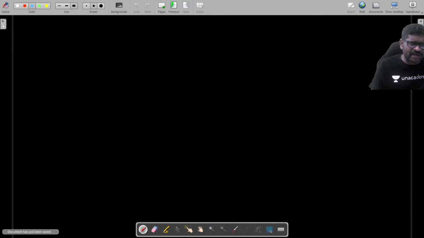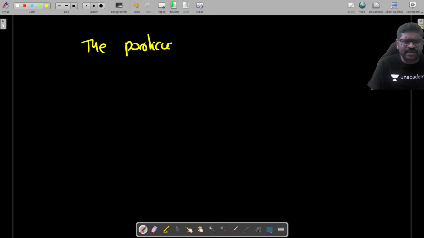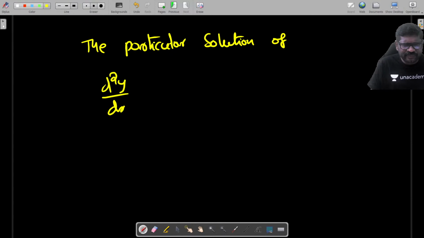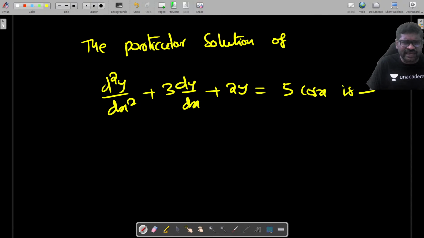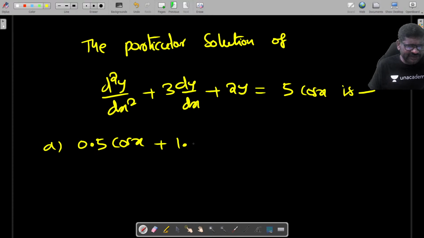Next problem. The particular solution of d square y by dx square plus 3 into dy by dx plus 2y equal to 5 cos x is: first option, 0.5 cos x plus 1.5 sin x.